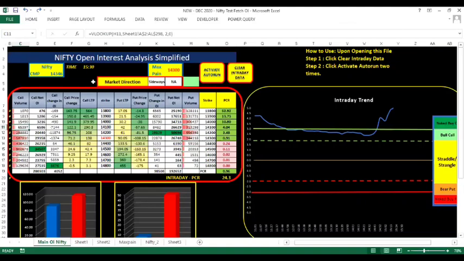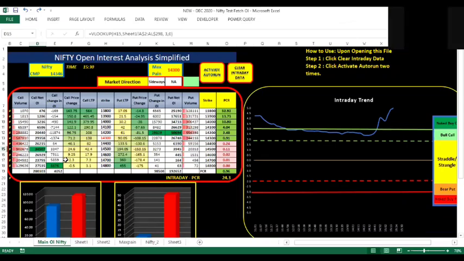Now to help you understand why it is highlighted in different shades, green, pink and all, let me further help you. If you see this green highlight in the call OI data, this number is the highest number in the series available on the screen.